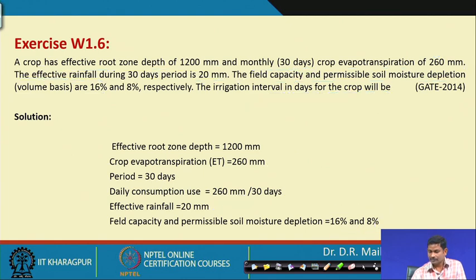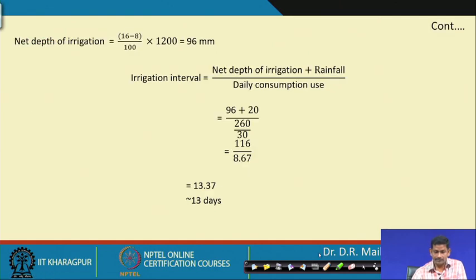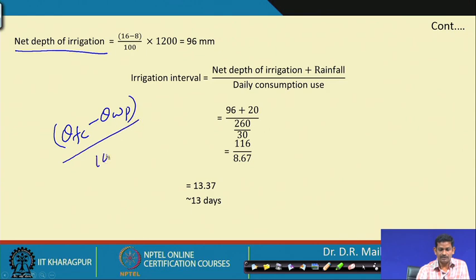So, next what you have to do is find the net depth of irrigation. Net depth of irrigation is theta FC minus theta WP, wilting point, divided by 100, into root zone depth, Rd. That will be 96 mm, the net depth of irrigation.